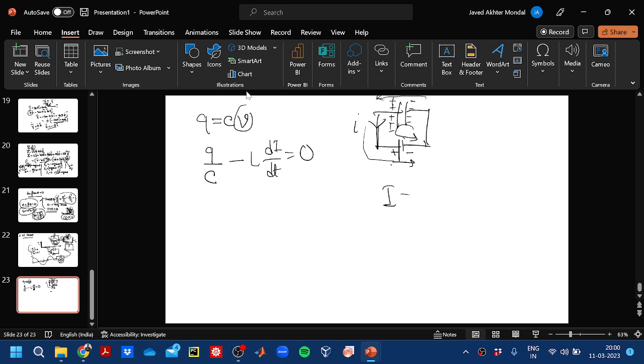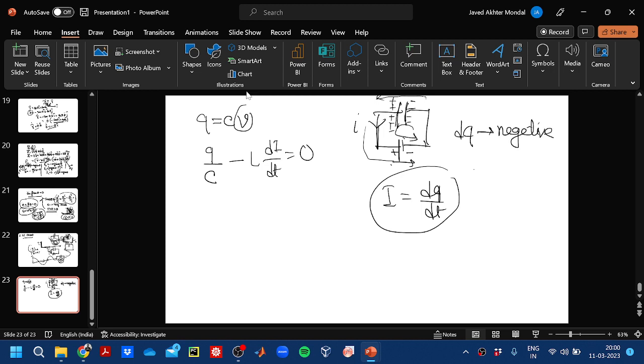Now we know that I equals dq by dt. But here, we can see that the charge on the capacitor is decreasing with time. That means dq is negative.